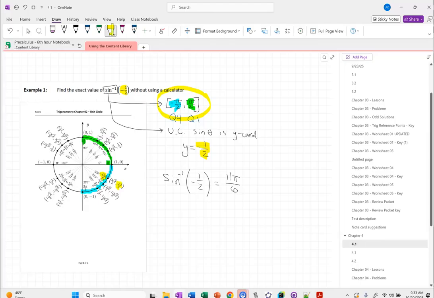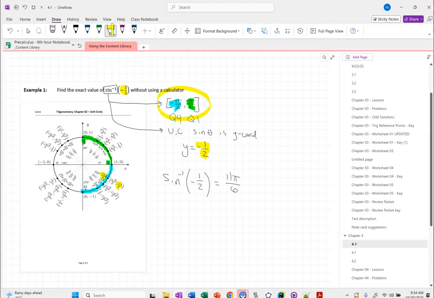Is 11π/6 between negative π/2 and positive π/2? Yeah, it's not, is it? Right, 11π/6 is like 1.86 or something. That's bigger than negative 1/2 to positive, right? What do we do?